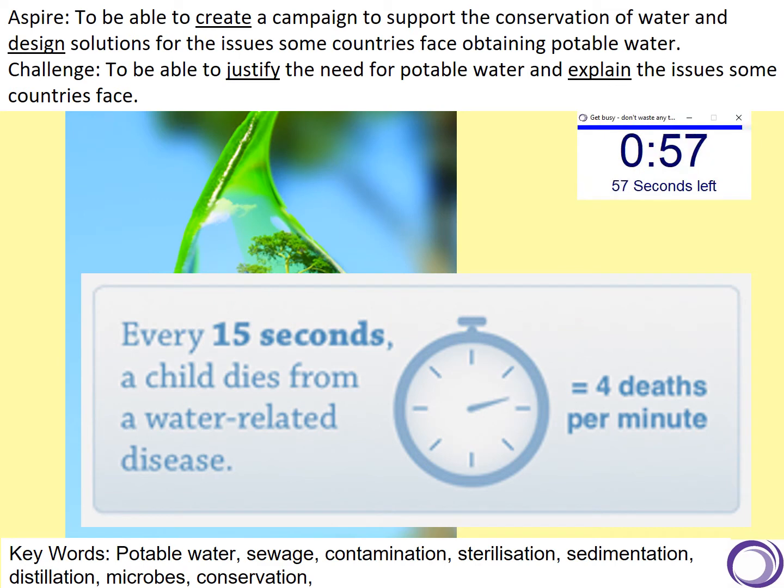And I think this is an astonishing fact. Every 15 seconds, a child dies from water-related diseases. That's 4 deaths every minute. So there's a timer going at the top of this slide. One child's already died. That's child number 2.